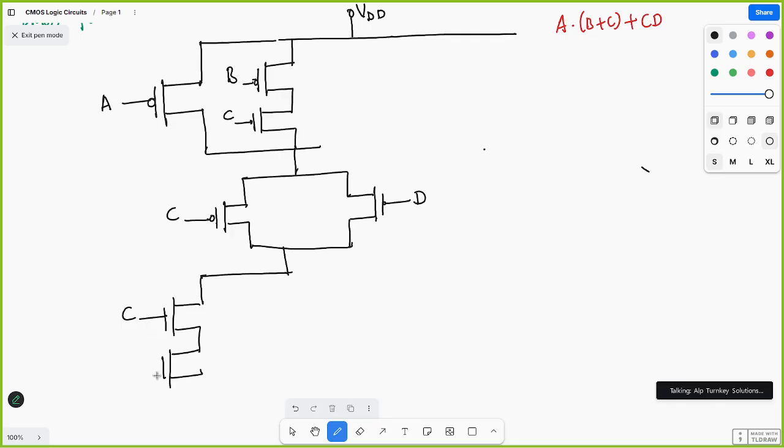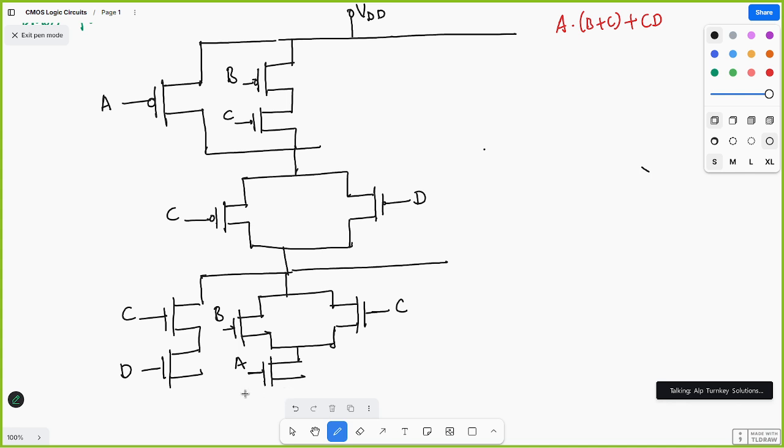This one is C and this one is D. Then A and B OR C. When it is an OR operation, B OR C means both are in parallel. This one is B and this one is C, and both are ANDed with A, so that means this is in series. This is A.